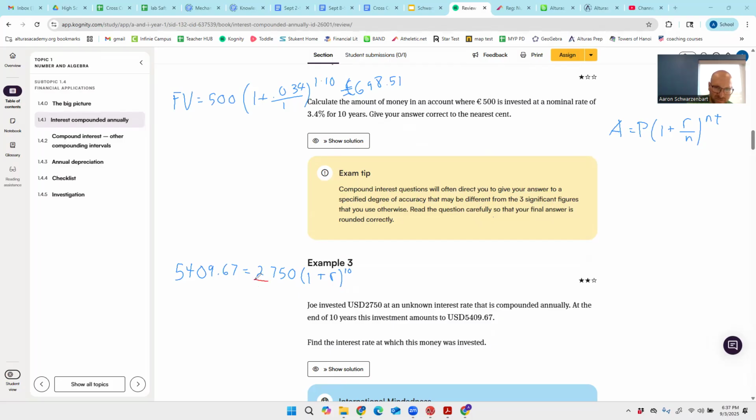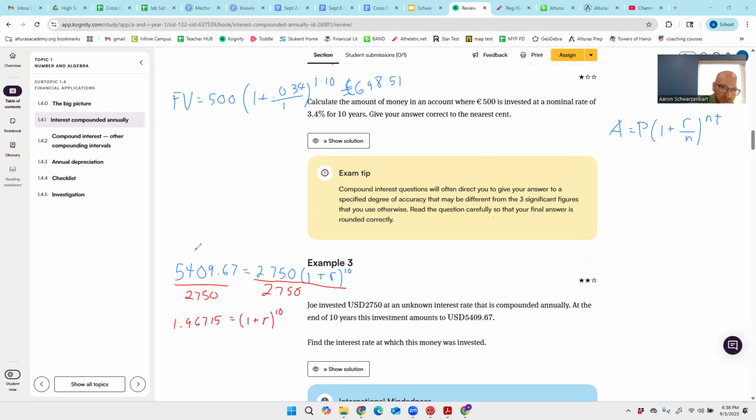I will divide by 2,750. And I get 1.96715 equals (1 plus r) to the 10th.